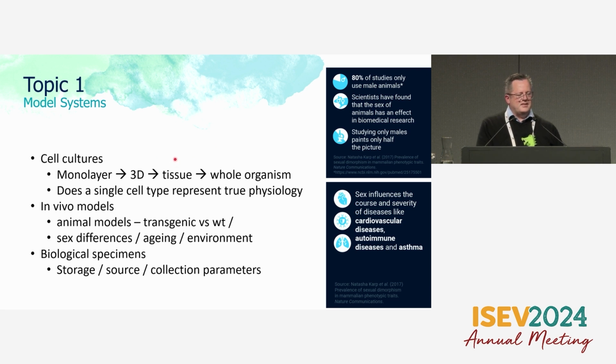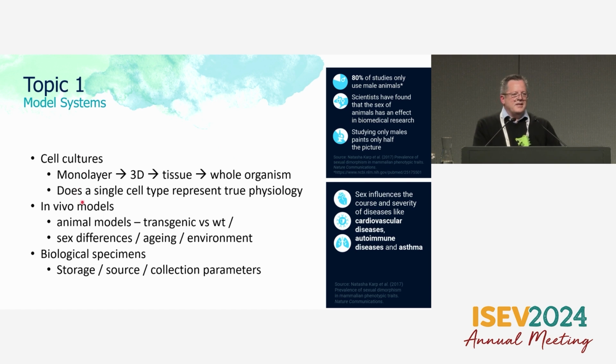That's been a development over the last 10 years or so, and also whole organisms. So a cell culture monolayer is quite a way away in complexity from a whole organism, obviously.